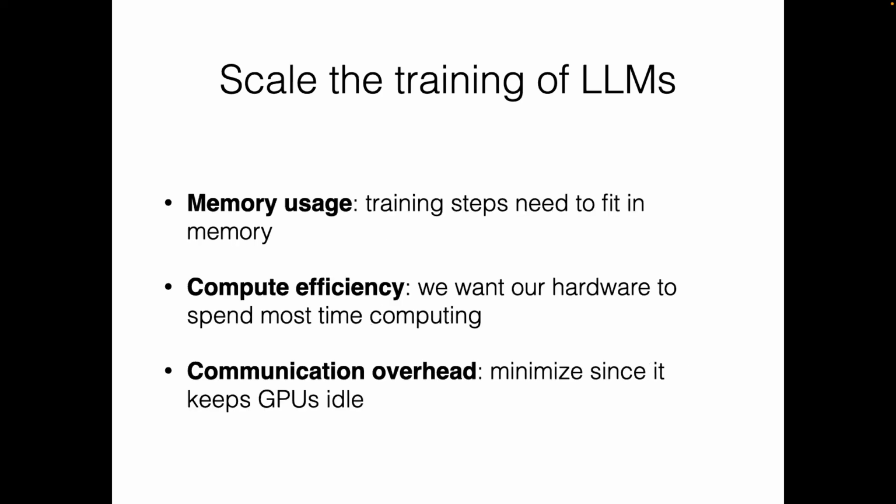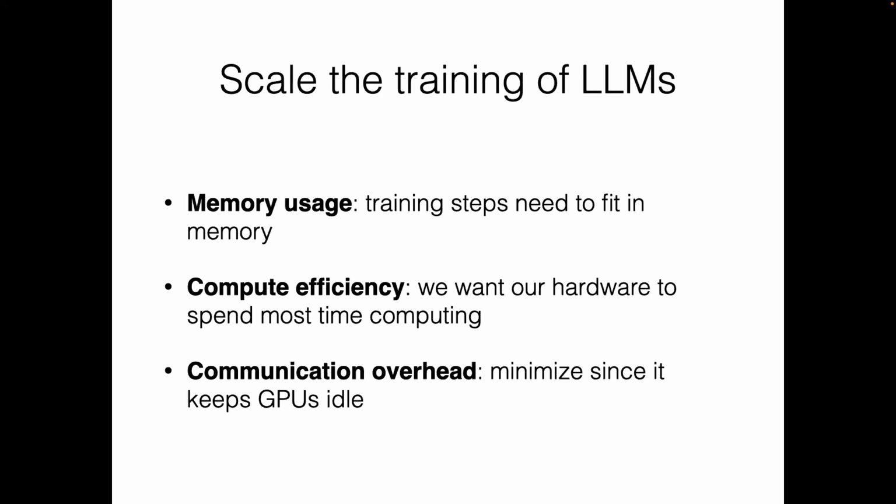Okay, so then if we think about some different factors to consider, one is memory usage. For a given training step of, say, a really large model, we just need it to fit into memory. If it doesn't fit into the memory of, say, our single GPU, then we really can't do anything.